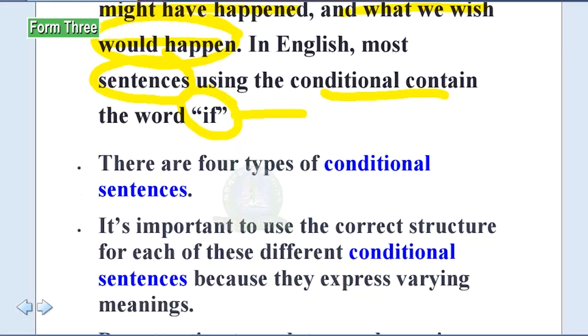There are 4 types normally, though in some books you will see there are 5 types of conditionals, but these 4 are the very common ones.